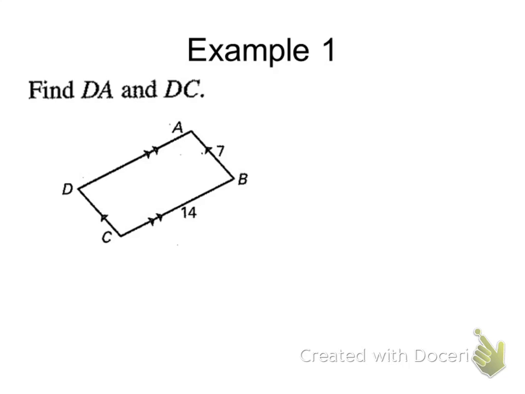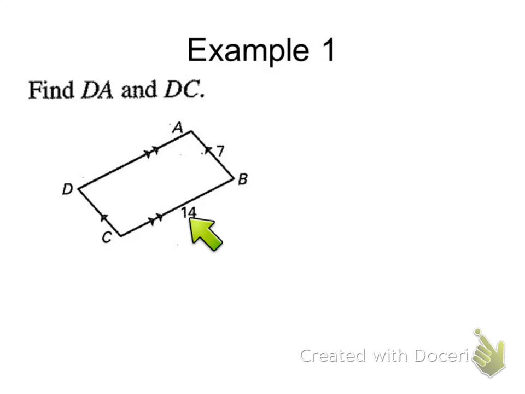Alright, now there's actually 2 ways you can answer this. If you want to write off to the side like DA equals, DC equals, that's fine. Or if you want to make it a little simpler on yourself, you can just label it within the diagram. So, what do I know about opposite sides? It was the first property you wrote down on the last slide.